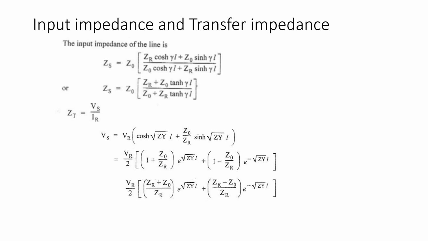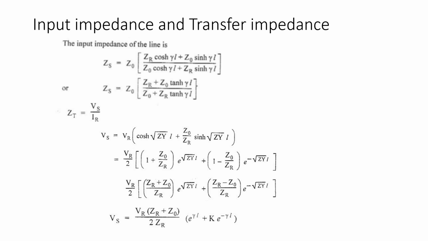This is equivalent to VR by 2, and taking LCM, this becomes (Z0 plus ZR) by ZR e power root ZY into L plus (ZR minus Z0) by ZR e power minus root ZY into L. Here we take (ZR plus Z0) by ZR, with ZR outside the bracket.